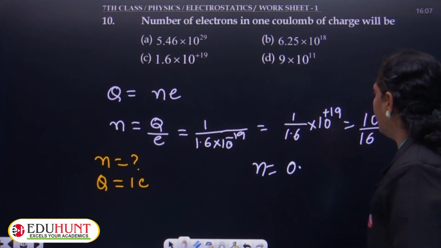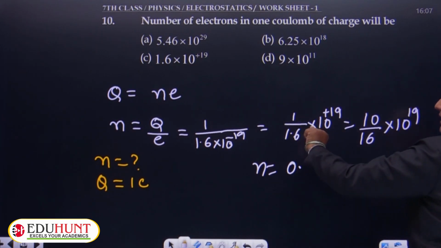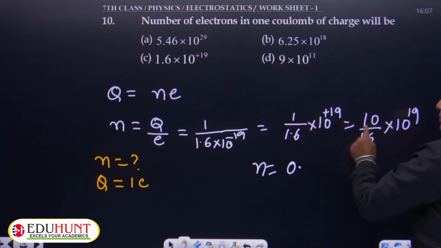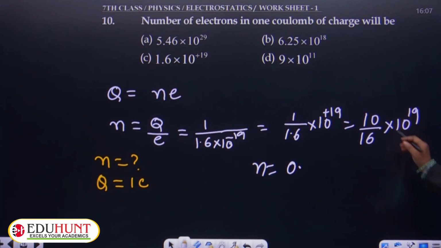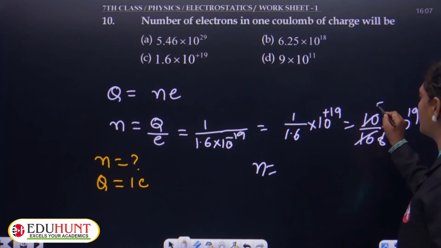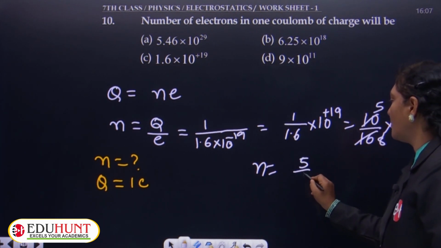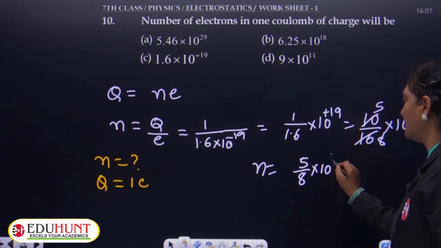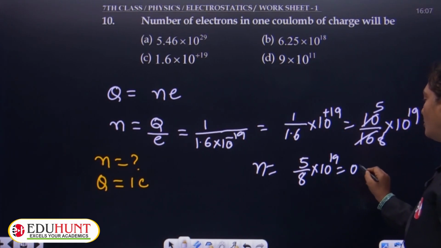Multiplying and dividing with 10: 1 into 10 is 10, 1.6 into 10 is 16. So 10 upon 16 is a little difficult value, but still let me consider this goes 8 times and this goes 5 times. 5 upon 8 into 10 power 19.